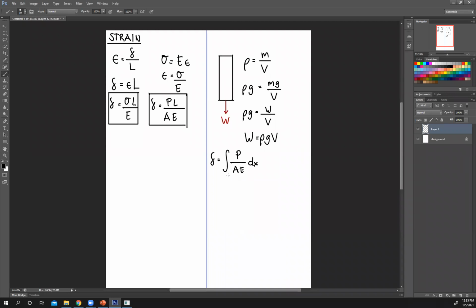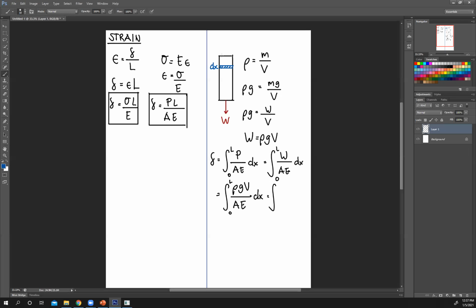Now remember, I need my variables in terms of x in order to use this equation. So how can I apply x here? Well, this bar will elongate. So let's take a section of that, here. Let's say you take that section, that's your elemental dx.